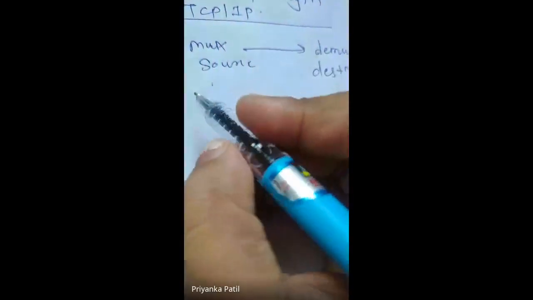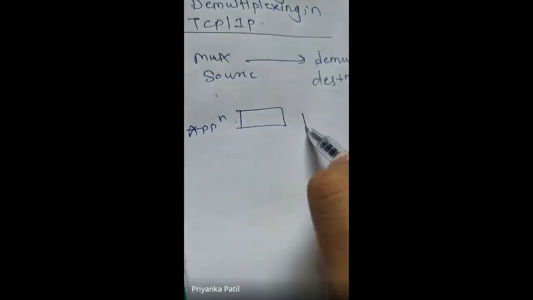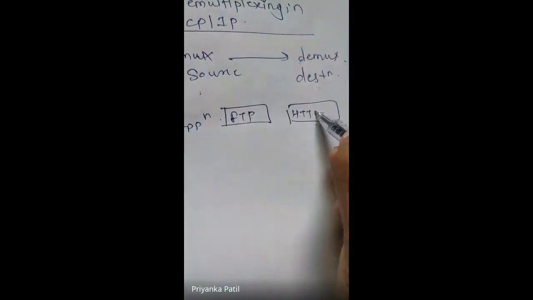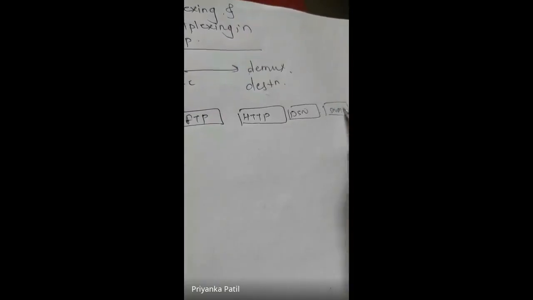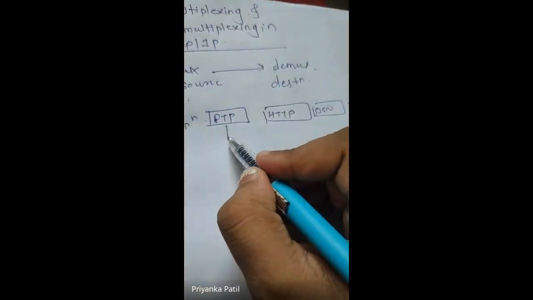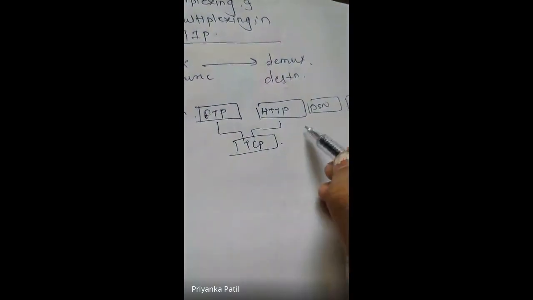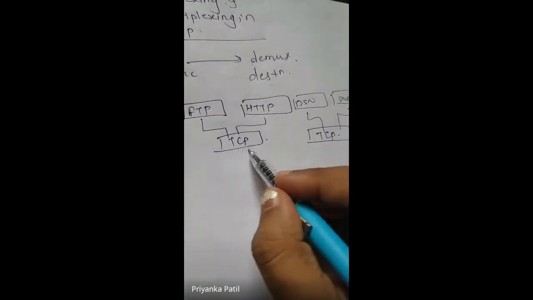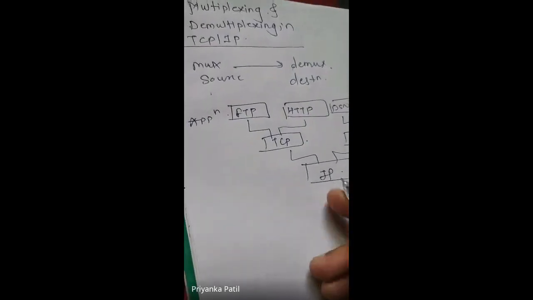First, we consider the application layer. There are n number of protocols available, for example the FTP protocol, the HTTP protocol, the DNS server, and the SNMP protocol. Then we combine those protocols and form TCP. Again, we combine protocols and form UDP. Then we combine these into the protocol considered as IP.